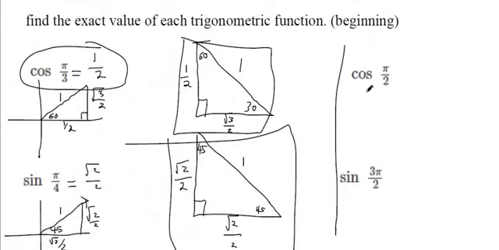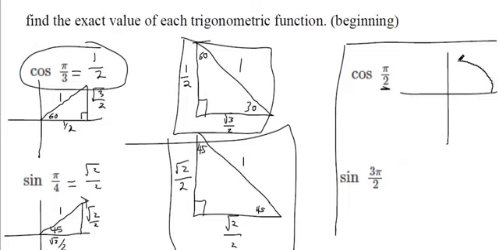Then I made these last two over here. These are special ones because if you convert pi over 2 from radians to degrees, you cut out the pi and multiply by 180. So 180 times 1/2 makes 90. This is a 90-degree angle. For these ones where they land right on one of the axes, you can't draw a right triangle with the x-axis.